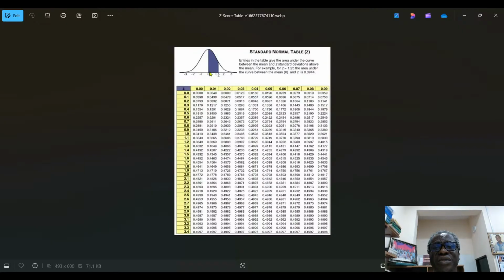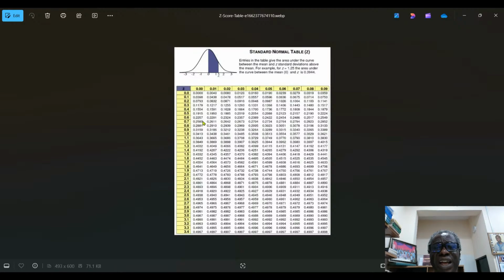Which means the total area from 0 to Z equals 2 here is 0.4772. But what we actually need includes this part, so it's going to be everything down cumulatively, and this part is 0.5.